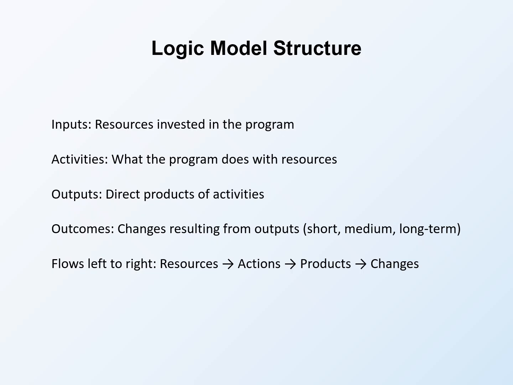Then outputs, the direct products of your activities: number of people trained, number of visits completed, materials distributed. And on the right are outcomes, the changes that result from outputs at short, medium, and long-term time horizons. The flow is logical. Resources enable actions. Actions produce products. Products generate changes. Today we focus on the first 2 columns, inputs and activities.